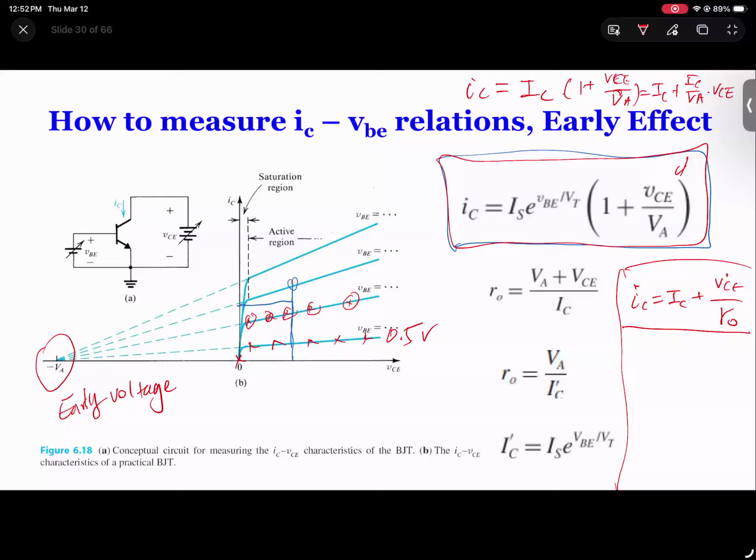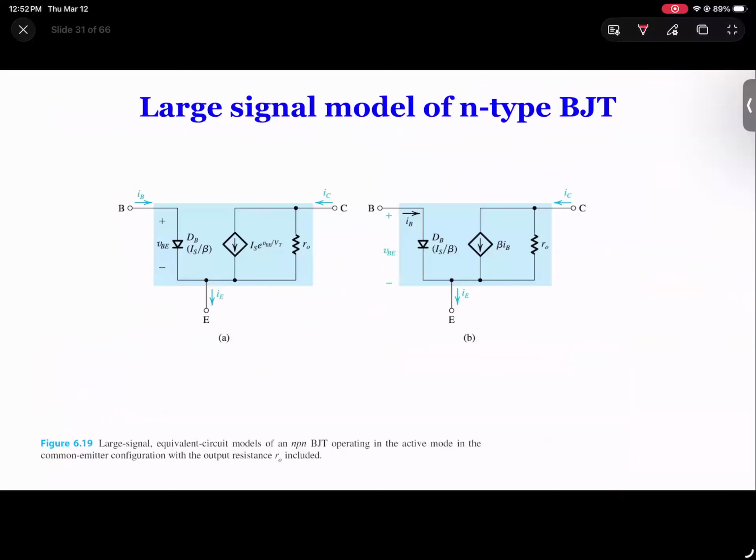So this diagram and this slide tell you a few things. But if we actually redraw the equivalent circuit, you remember the previous circuit that we drew without RO, right? The reason we can draw that is because IC equals IS times e to the power VBE over VT. So that's exactly this. And VBE, let me also draw a symbol for that.